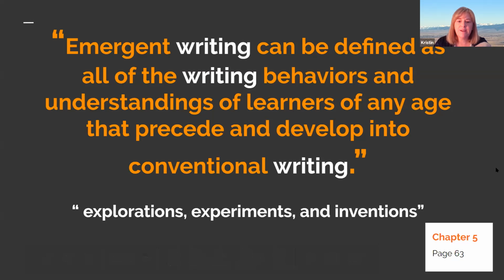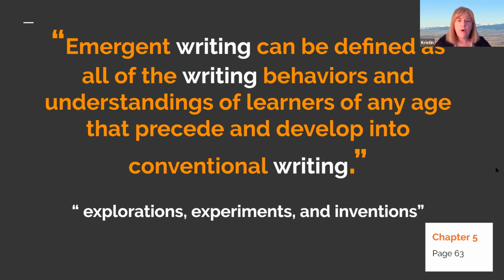And then in the second definition in the book, it talked about explorations and experiments and inventions, all those experiences in emergent writing that lead up to conventional writing. And I love that because a lot of the tools and strategies we talk about are just give the student opportunities to explore.